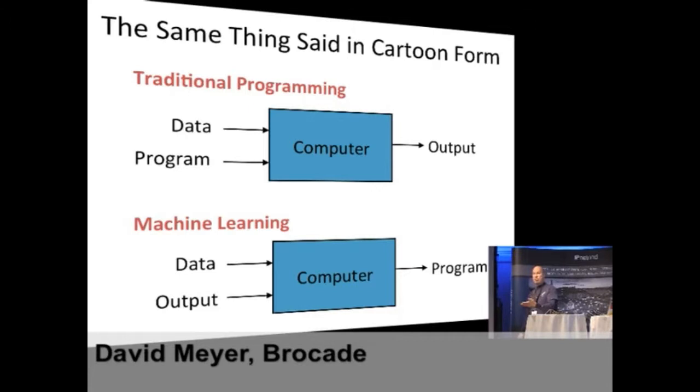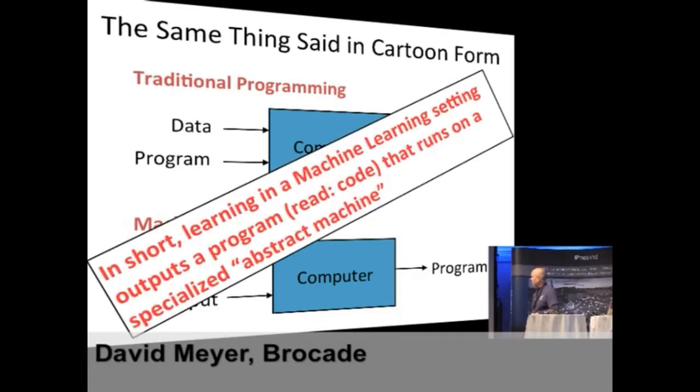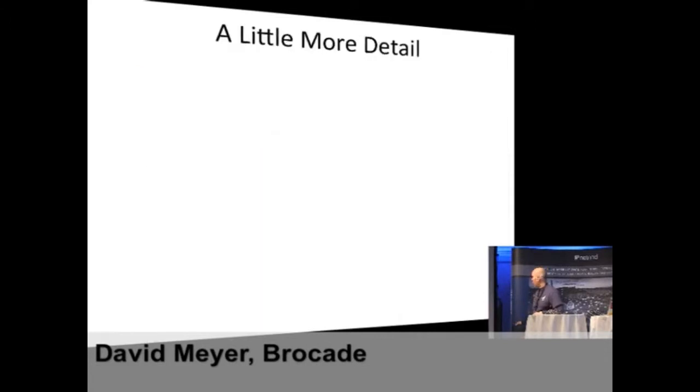So learning in the machine learning setting actually outputs a program, code that runs on a specialized abstract machine, which might be a neural network or something like that. But this right here, people in our industry aren't really getting this yet. These things write code. So if you're in the business of writing code, you might want to think about it.